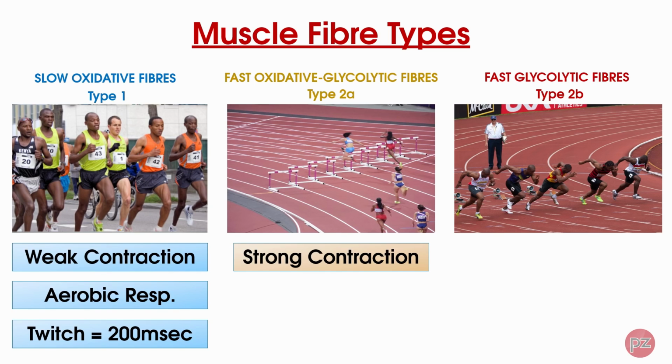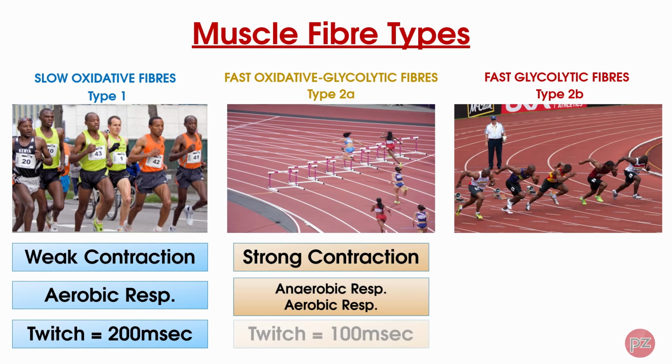But they also have glycogen stores and use glycolysis, so anaerobic respiration. So these type of fibers use both types of respiration. Their twitch lasts about 100 milliseconds, and so they're best utilized in something such as a 400 to 800 meter race. So they're quick at producing energy and reasonably efficient, but they do fatigue after some distance.